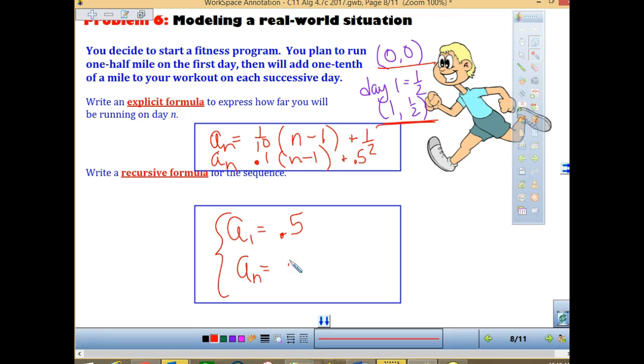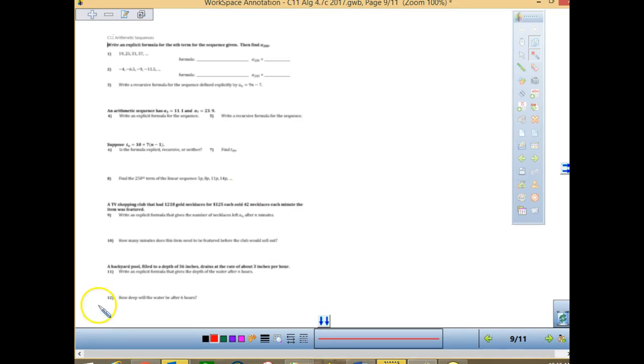This is what you're going to be asked to do in your homework quiz. A sub n equals a sub n minus 1, the previous, plus 0.1, for n greater than 1. Okay? Talking about just our natural numbers. Okay?